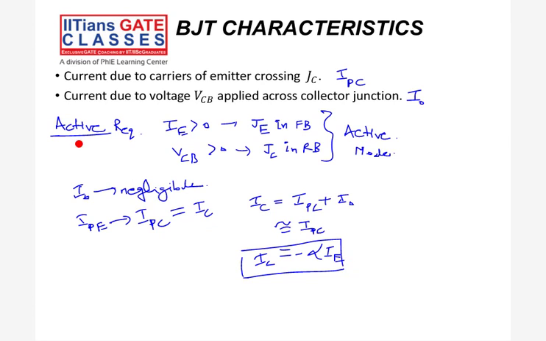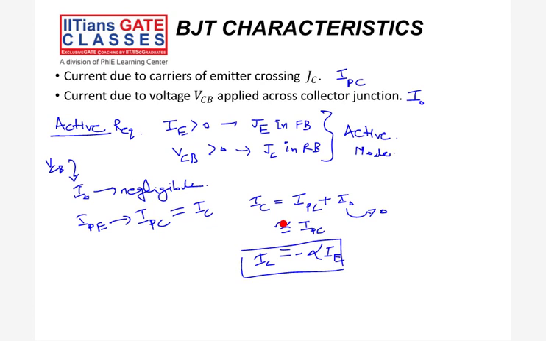Reverse bias voltage is providing this current, and this current is negligible. So I kept it 0, and I have taken only the remaining current. The remaining current is the current due to carriers coming from the emitter junction. So that is what I have taken into consideration here.